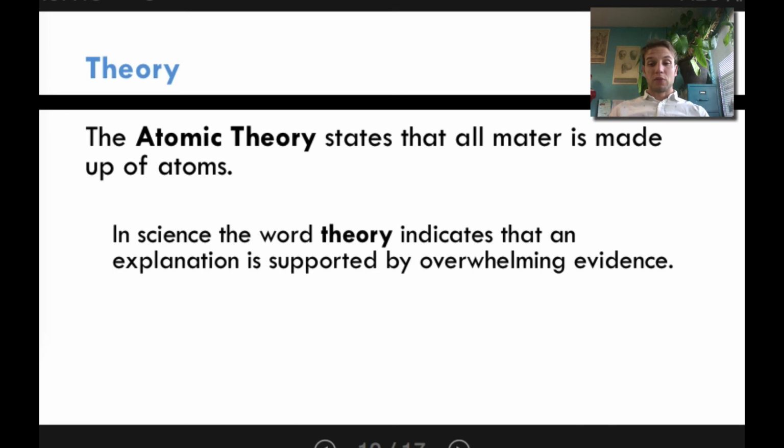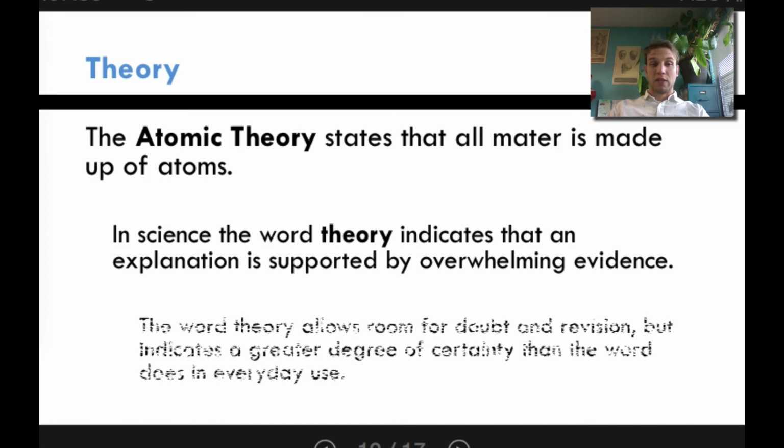So it's really important to understand that we don't use theory to represent guess or educated guess. Theories are essentially law.